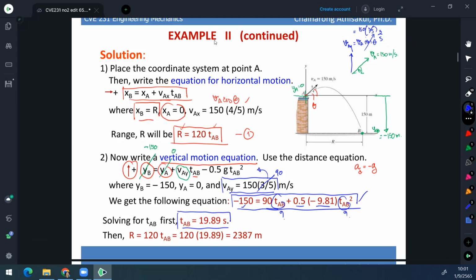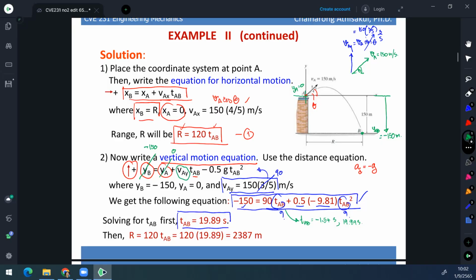You get the answer from this equation: time TAB equals minus 1.54 second and 19.89 second.